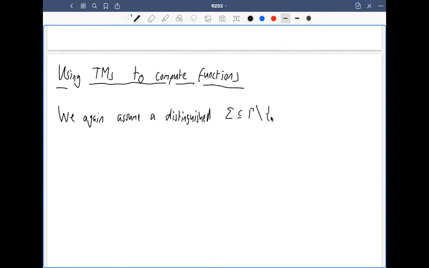By the way, the backslash here is my set difference operation, so I'm here removing the blank symbol from the set of tape symbols. So the alphabet is a subset of the non-blank symbols. This is now not the input alphabet, but the input-output alphabet.